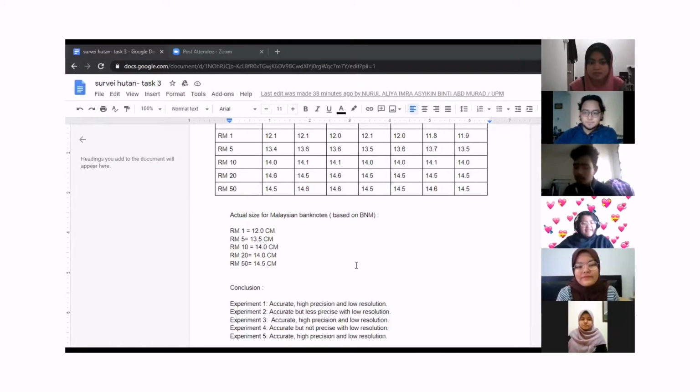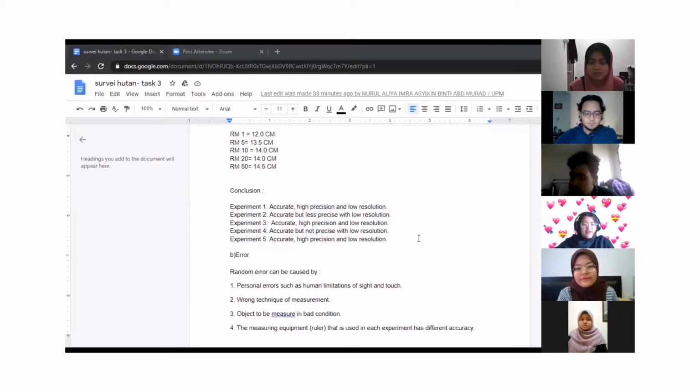Next we go to the conclusion for the experiment, for accuracy, precision and resolution. For experiment 1, we can conclude that it is accurate, with high precision and low resolution.